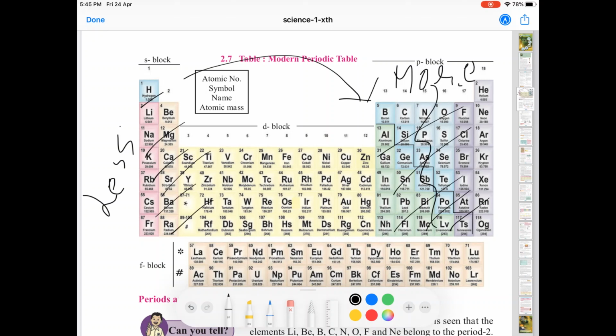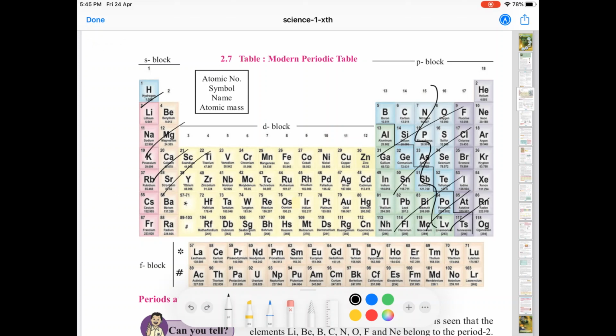Why does it decrease from left to right? That is because the atomic size decreases, and when the atomic size decreases, the outermost electrons get pulled by the nucleus, and therefore it is difficult for them to donate electrons. So what we can say? We can say that the metallic property decreases as we move from left to right across a period.